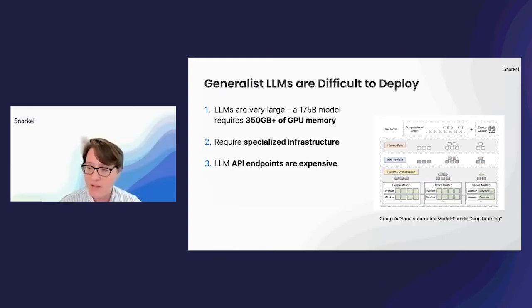If you want to do serving at scale, you often require specialized infrastructure, such as Google's Alpa infra. And all of this results in language models as a deployment idea being very expensive, even when we think of them just as abstractions as API endpoints, such as pinging OpenAI or another vendor.